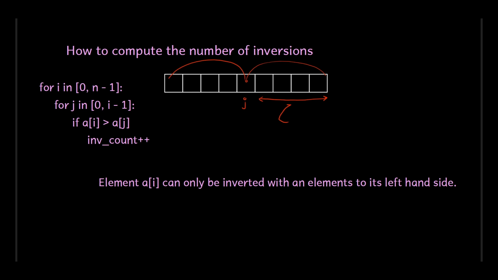So the standard data structures and algorithms that you have in your toolbox might generally not apply over here. But once you have this restriction, then you can see that for this element, it can only be inverted with the elements that you have seen so far. And then you can keep them in a particular data structure to find out the count of certain set of elements that you need.